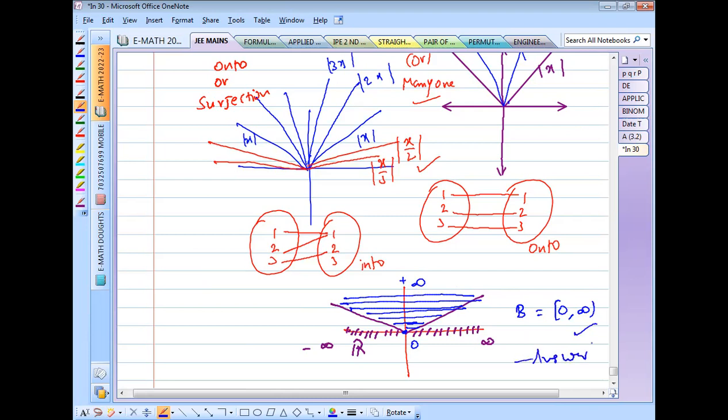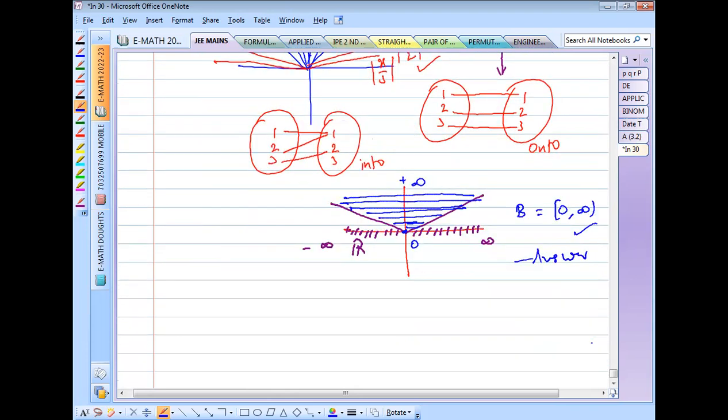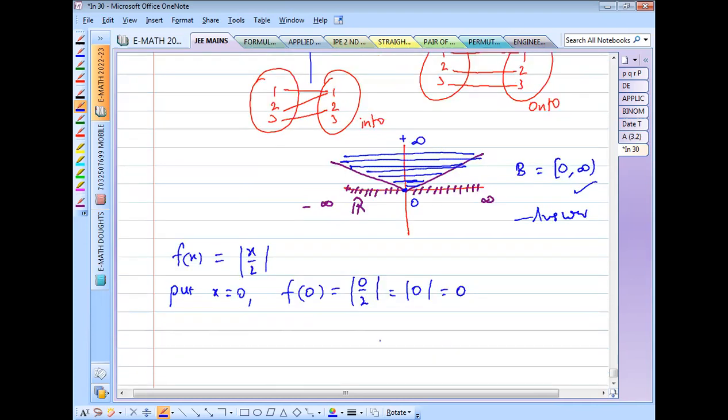Understood? Can you explain this last part again? 0 to plus infinity. Yes, sure. If f of x is equal to mod x by 2, let us put x equal to 0. Then f of 0 is mod 0 by 2, and mod 0 is nothing but 0, because 0 is neither positive nor negative.